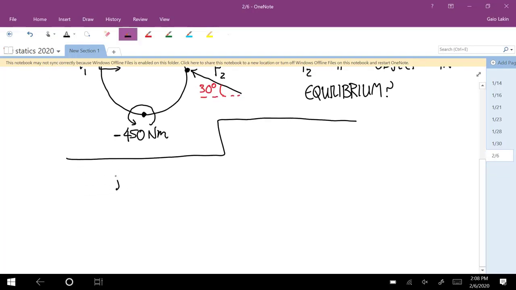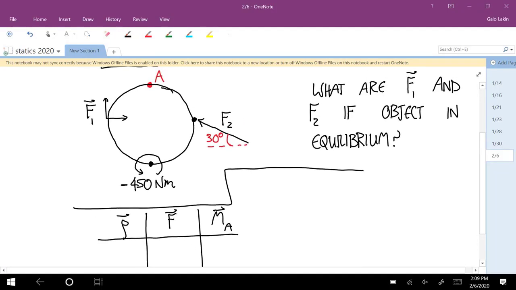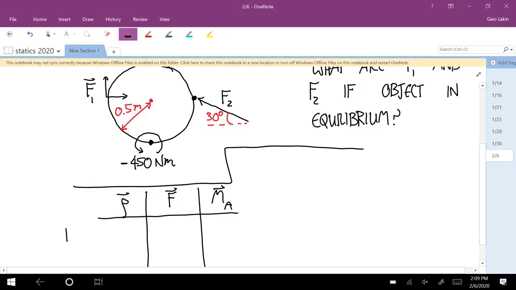So I'm going to set up this table with row, force, moment. And we need a radius for this. Let's say that the radius of this disk is 0.5 meters. Okay, so I'm going to start with the force F1.